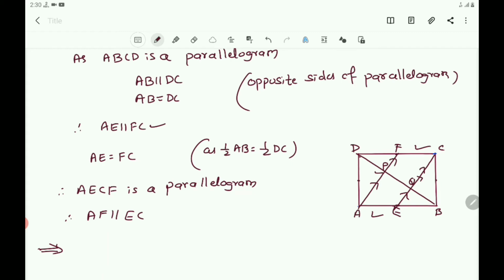Therefore, EQ parallel to AP, because EQ is a part of EC, and AF and EC are parallel. And you write FC parallel to CQ, and FP parallel to CQ.